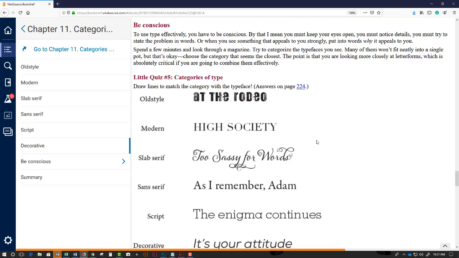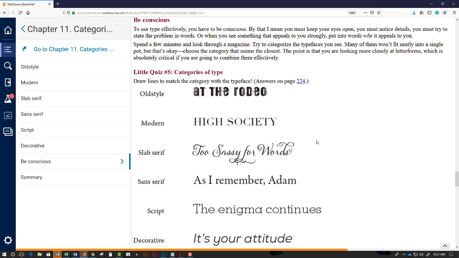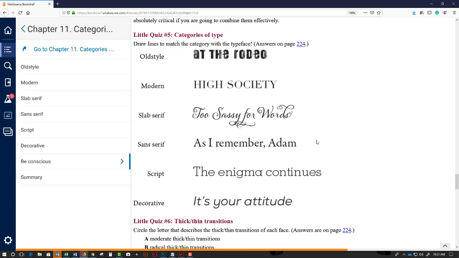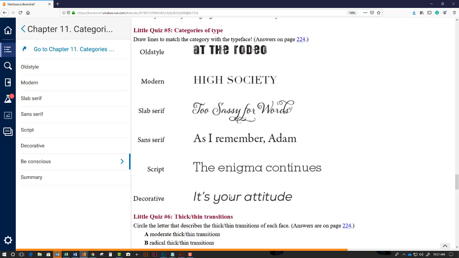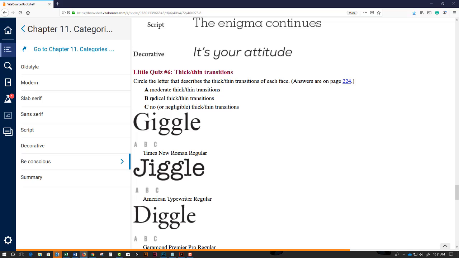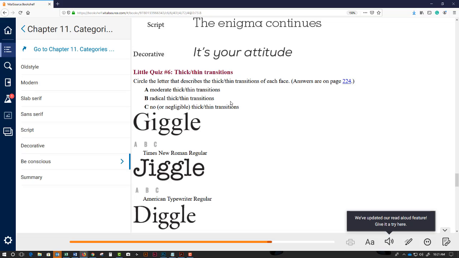Now here's the quizzes that you have access to. Here's a quiz, basically draw lines to match the category. You should be able to pass this. And then there is actually another quiz. This is a visual quiz you can take right out of your book that helps you recognize transitions.